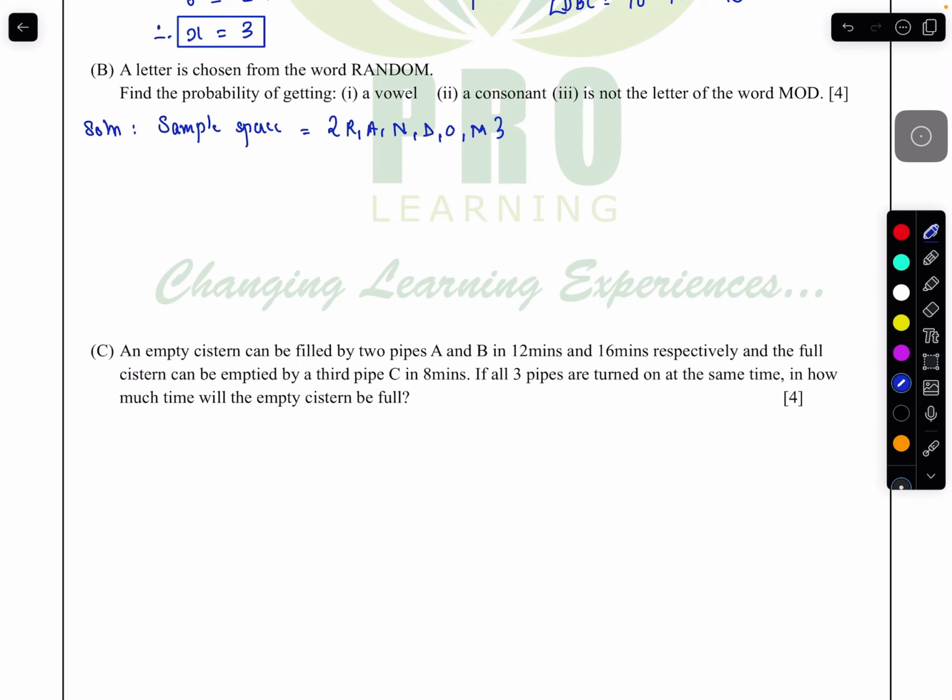Now it says find the probability of getting a vowel. So we know here the vowels are A and O only.